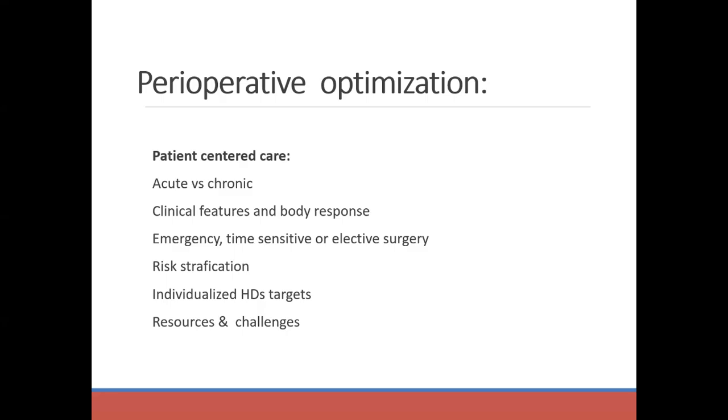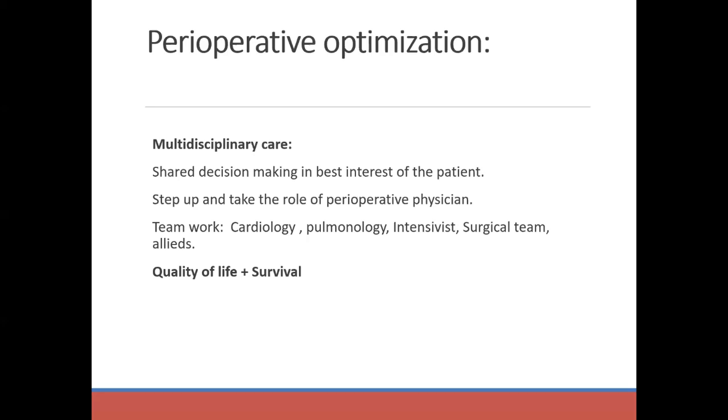Either they are in the acute phase, chronic progressive phase, or acute on top of chronic phase. How has their body adapted to these changes? Are these patients coming for emergency surgery, time-sensitive or elective surgery? How can we optimize these patients' risks? According to the patient's hemodynamic targets, and according to the resources and challenges we have, how can we manage these patients?